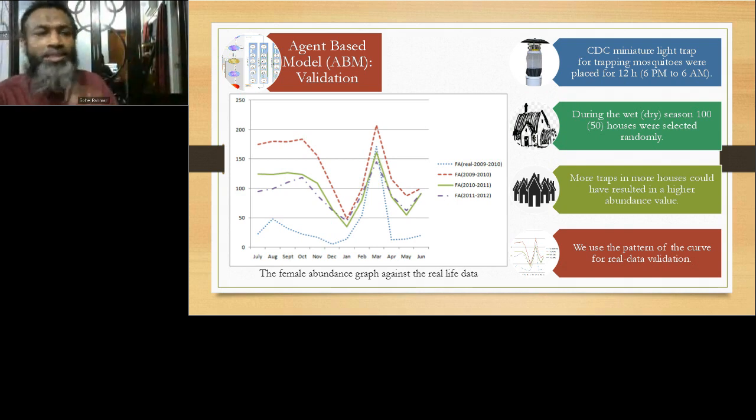So this gave us an idea of the pattern rather than the actual quantity of the female abundance. This is why we used the pattern to match our model, and we were happy, particularly after consulting with the Anopheles species experts, that the curve I am showing is a good match with the real case. And in fact, we have a number of models.